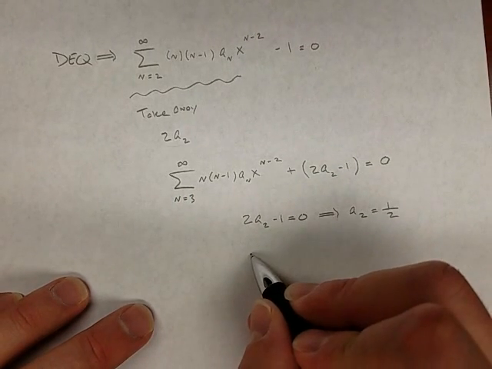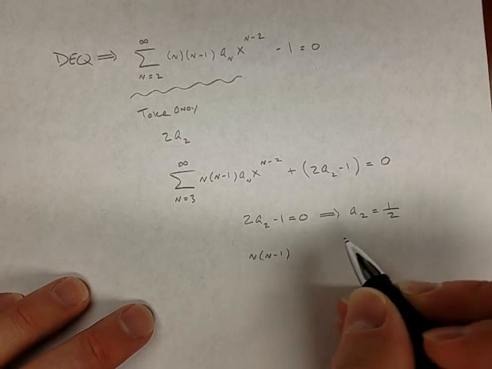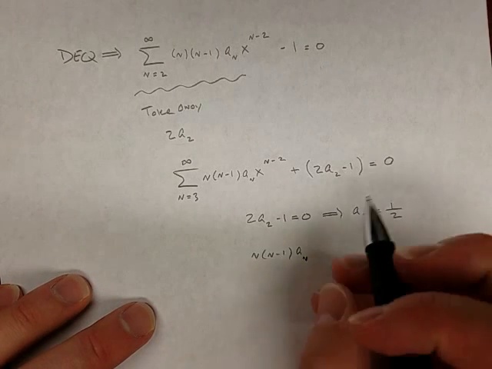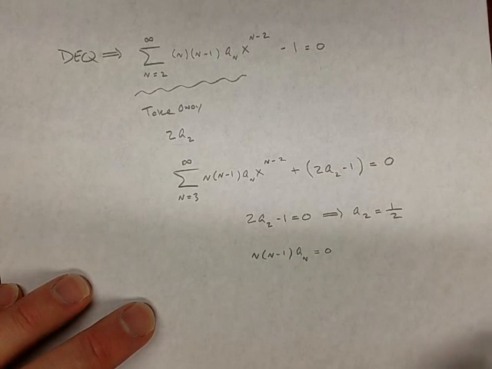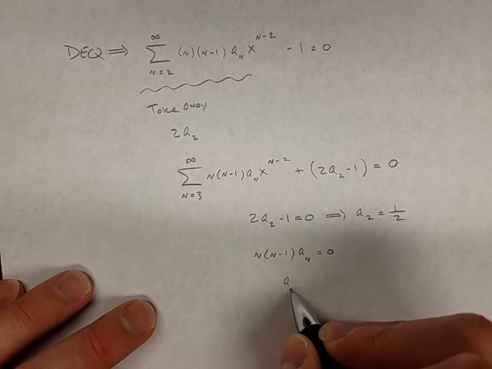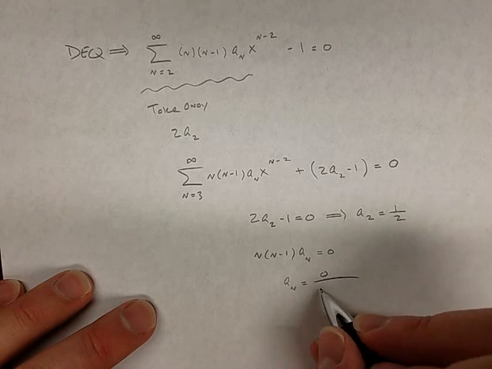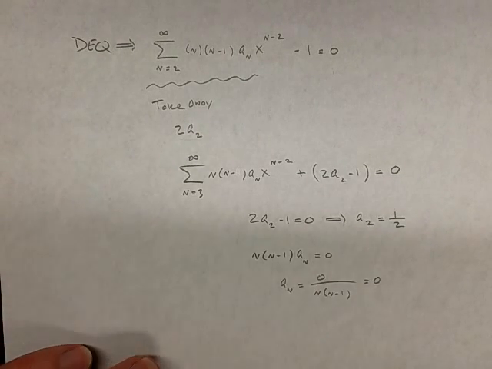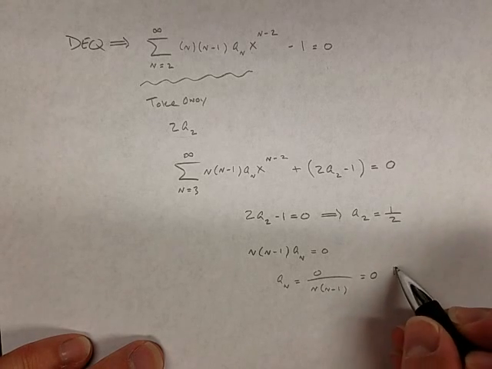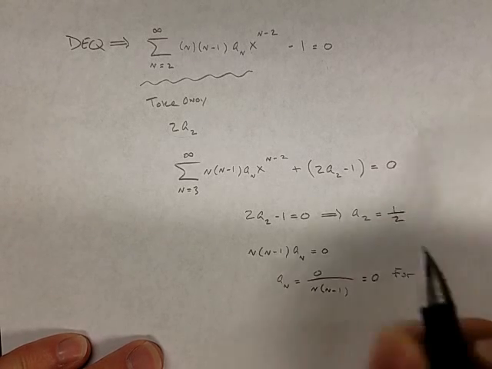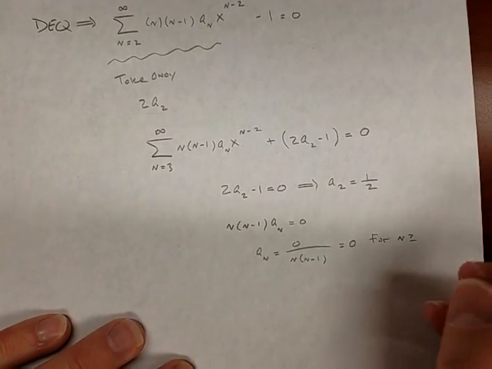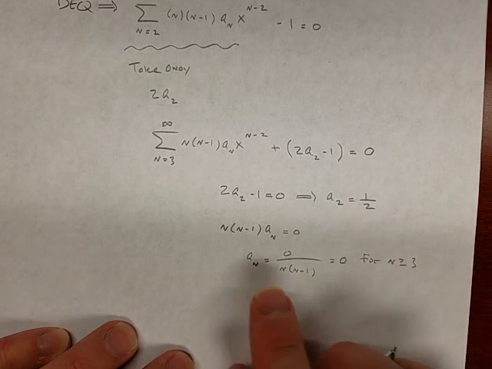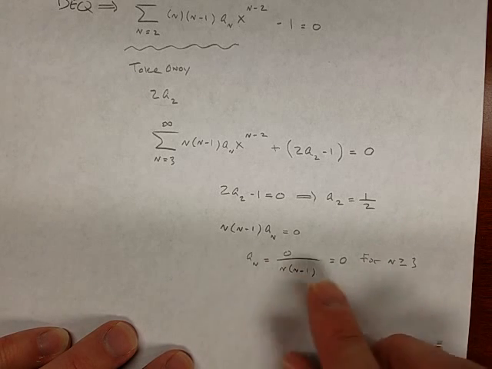So we'll say n times n minus 1 times a_n, those are the coefficients, are all 0. I get a_n is 0, since n times n minus 1 is not 0, for n going from 3 onward.